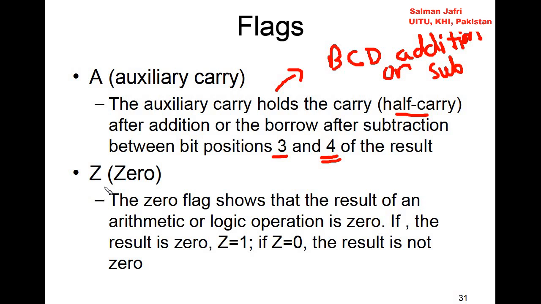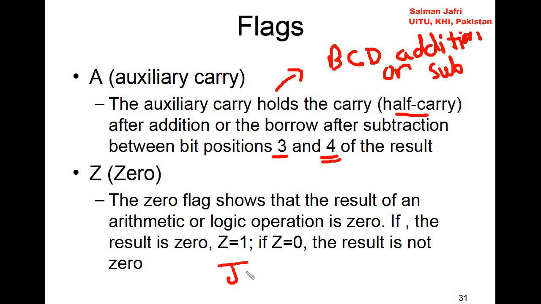Then the zero flag is very simple. The zero flag shows that the result of an arithmetic or logic operation is 0. If the result is 0, Z is 1. Otherwise the zero flag is 0 if the result is not 0. So we have certain instructions that can be used for jumping or branching.